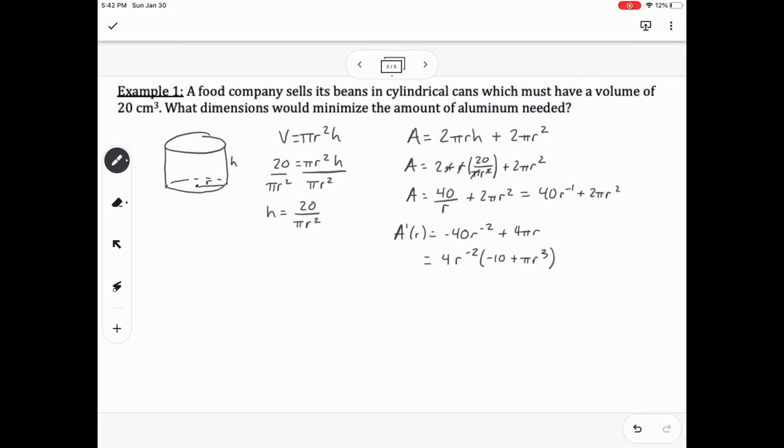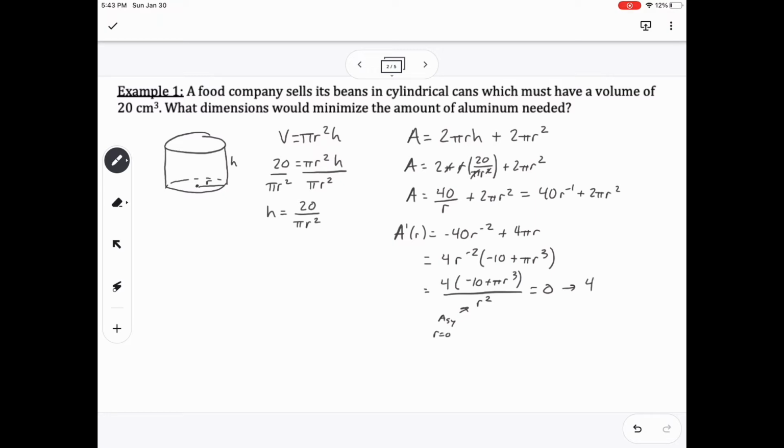And so we kind of have to use both equations at the same time to make it so it's just one variable, and that allows me to use my closed interval method to help me find where it's maximized, where it's minimized, depending on the problem.